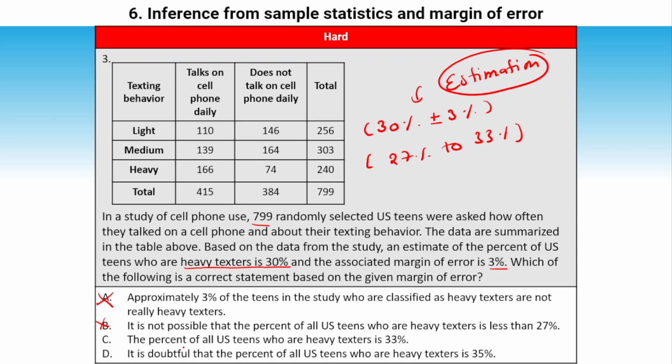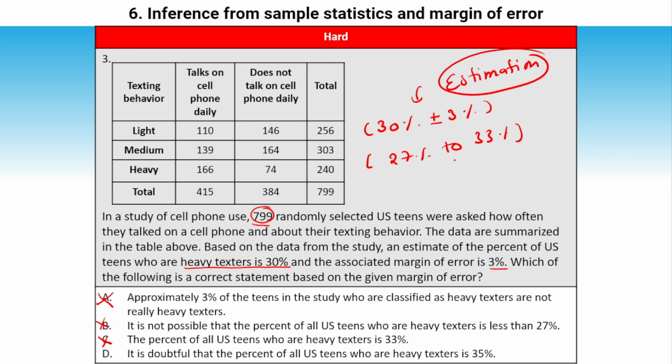Now see, the percent of all US teens who are heavy texters is 33%. We have taken this limited data, so we cannot predict it for all of the US, right? Again, let's see. It is doubtful that the percent of the population who are heavy texters is 35%. We can doubt that, right?